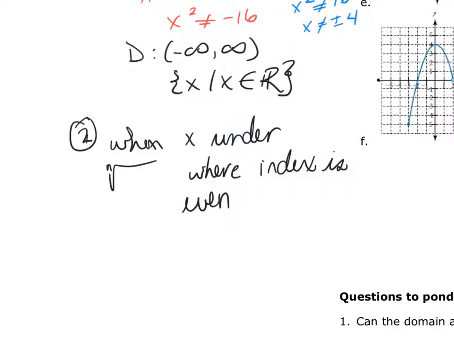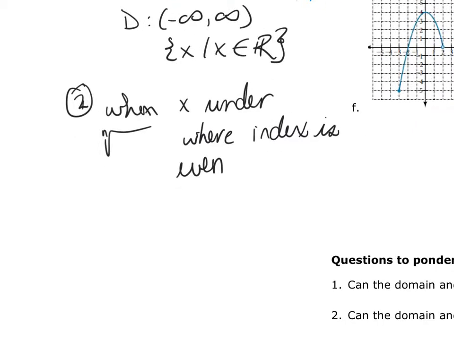And there are other cases that we have to worry about for the domain, but that's going to come later in this quarter, so we don't have to worry about that right now. So again, if I have f of x is equal to the square root of x minus 3, then I set whatever is underneath the square root symbol, x minus 3, and I make sure that it is at least 0, so I make it greater than or equal to 0, and I solve.